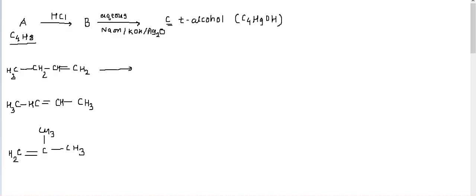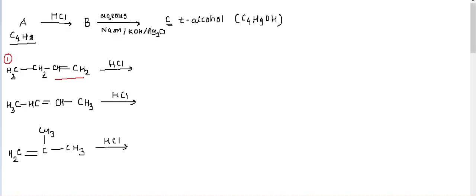Now let's add HCl to this. Okay, so HCl, again here HCl and HCl. So now let's start with the first structure. In structure 1, the alkene is unsymmetrical, because if you look at the carbon-carbon double bond, on the left hand side there is one alkyl group and there is no other substituent on the right hand side.